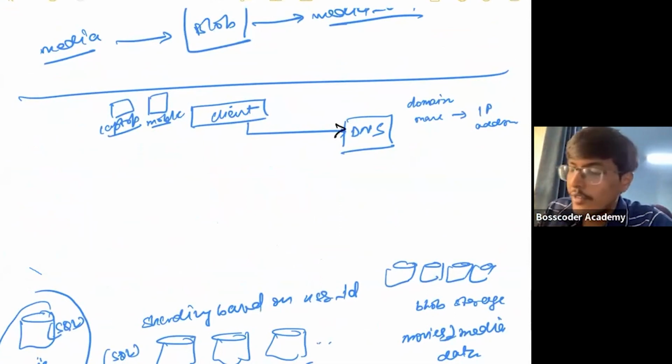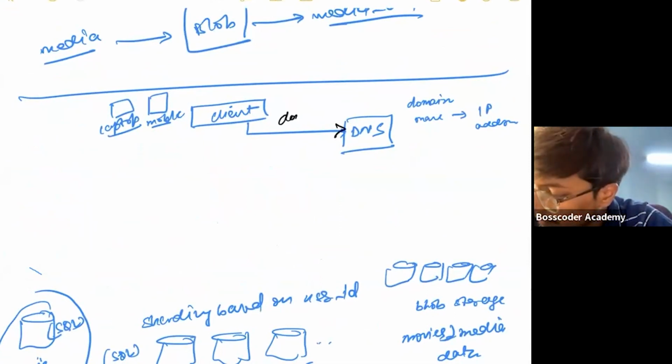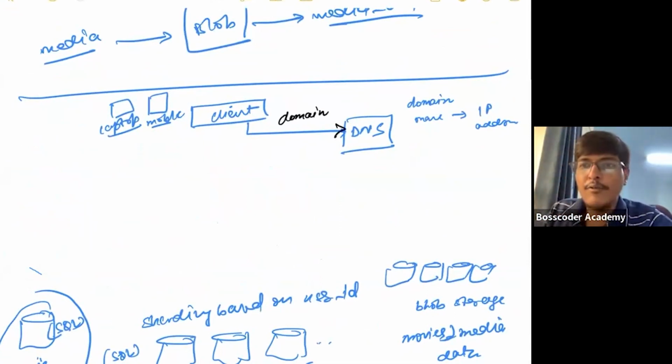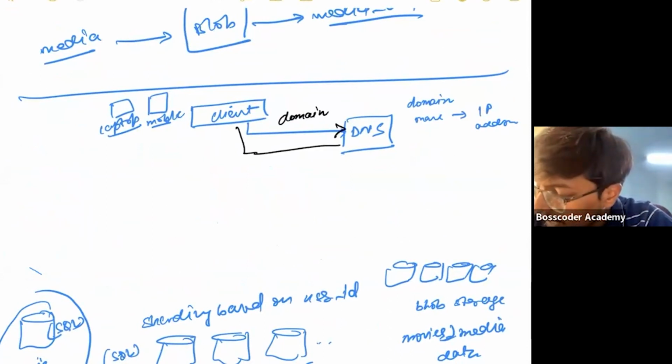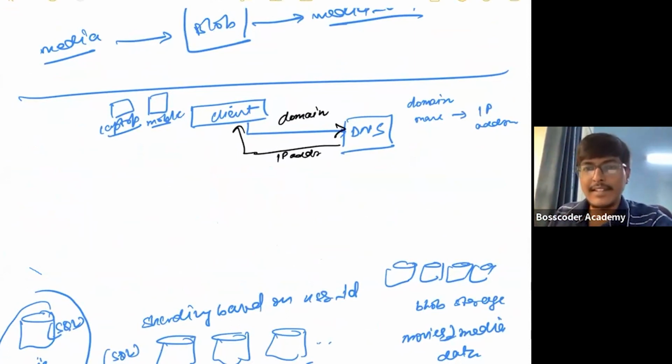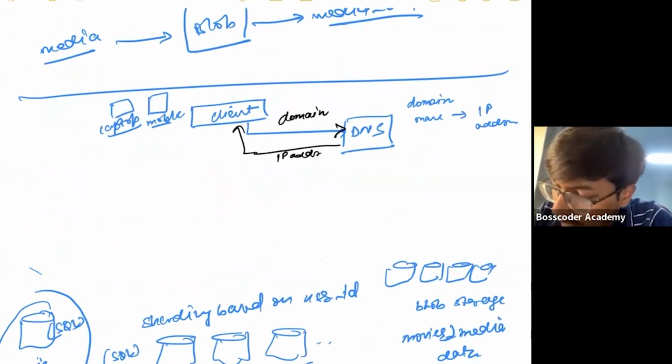So you give it the domain name, and what do you get? You get the IP address. Is this clear? A quick yes. Right? Of what? Of the load balancer.